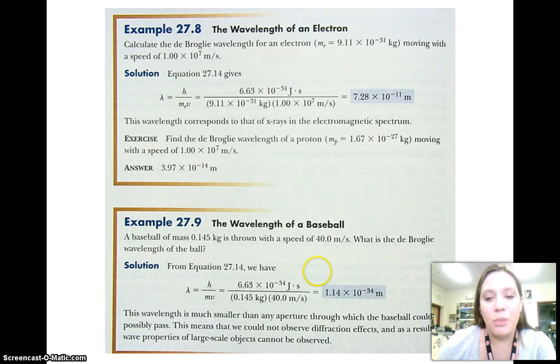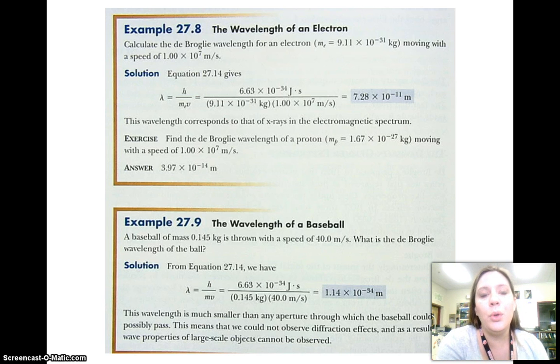The smaller the wavelength gets, the less likely we are to see its wave-like properties. A good example is the diffraction experiment. We shine light through a diffraction grating that had slits that were very, very tiny, and the wavelength could fit in between the slits.